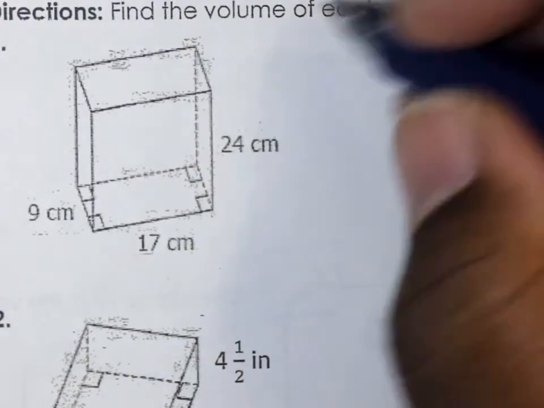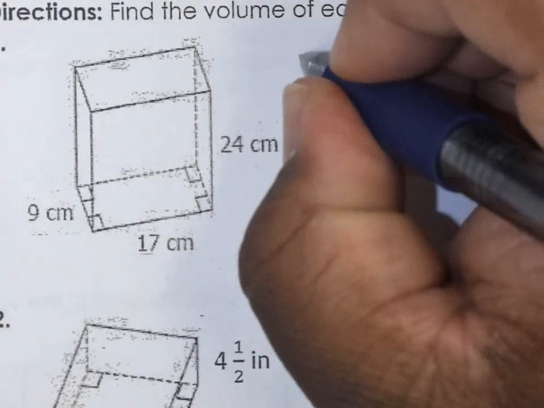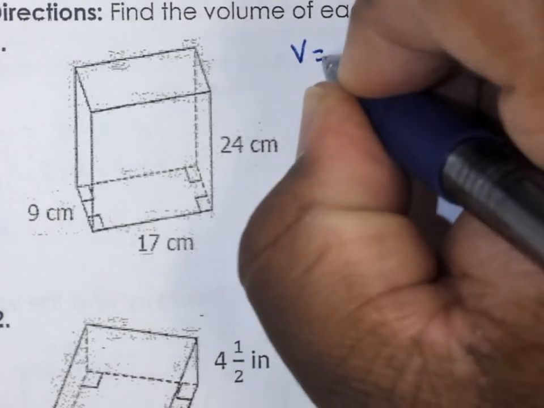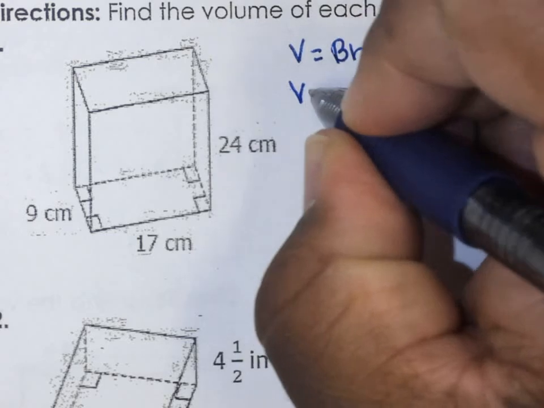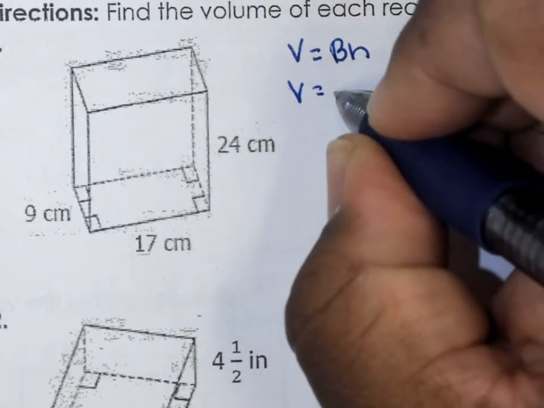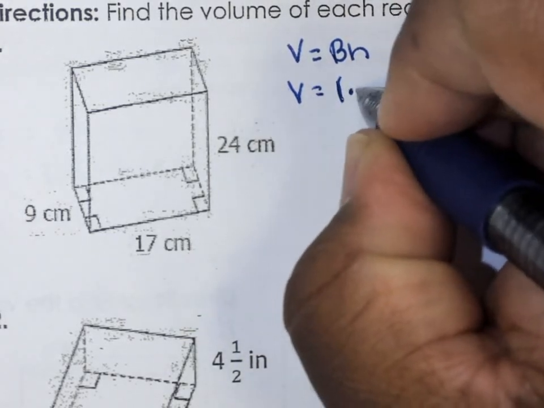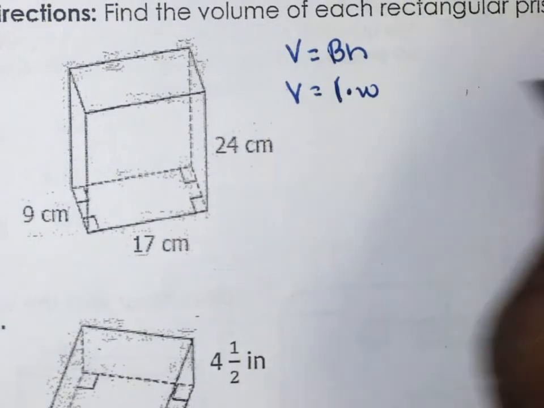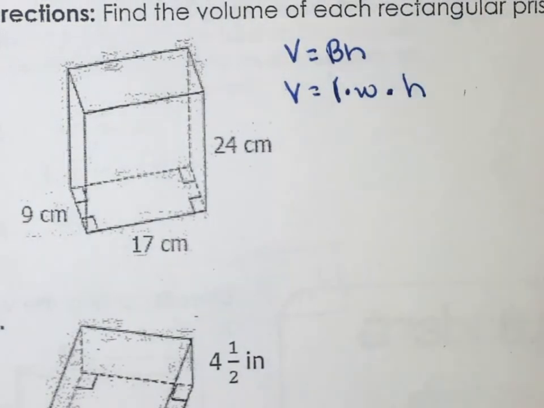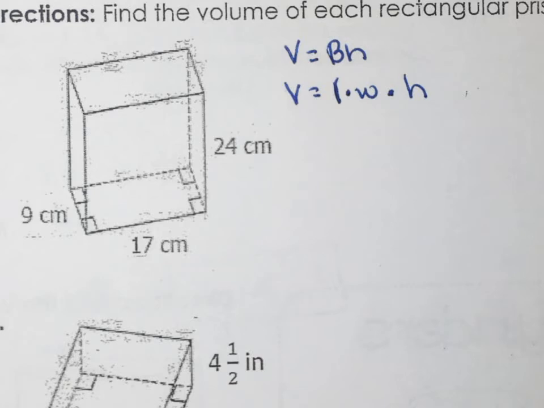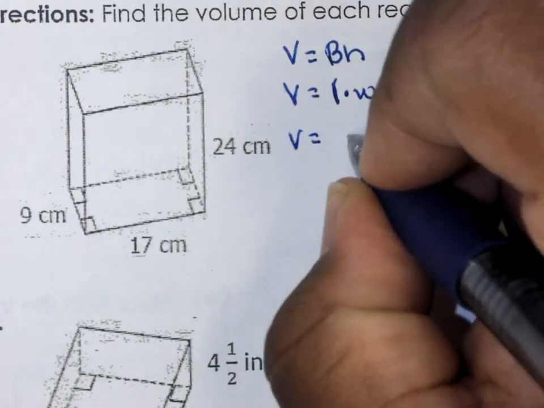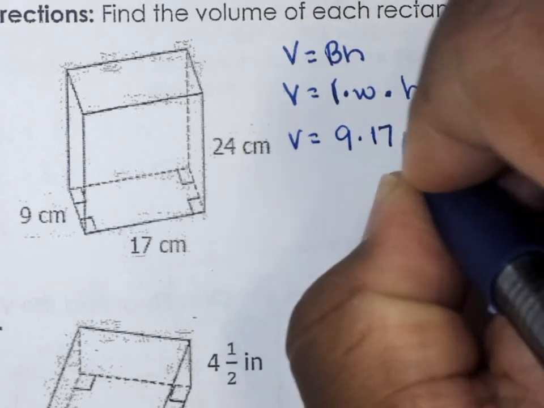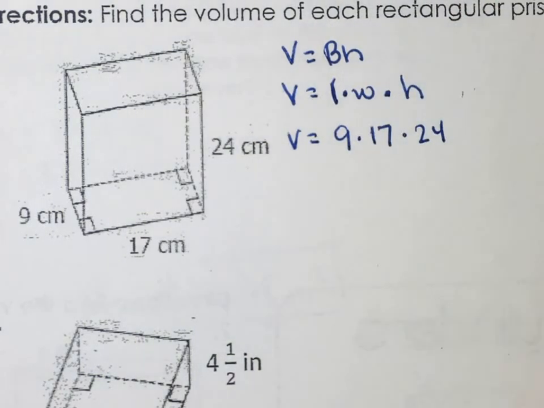Number 1, find the volume of each rectangular prism. On this one, volume equals capital B times H. Then I make my adjustment. Volume equals capital B. In this case, it's going to be length times width for a rectangle times the height, which is already there. So V equals 9 times 17 times 24.